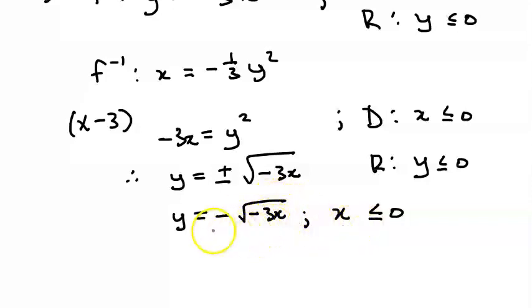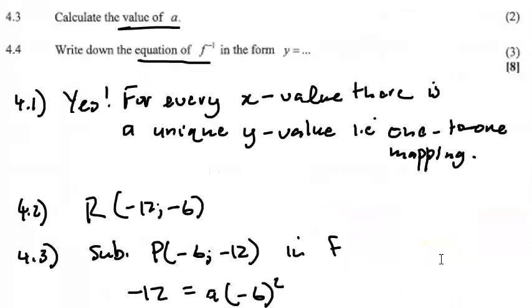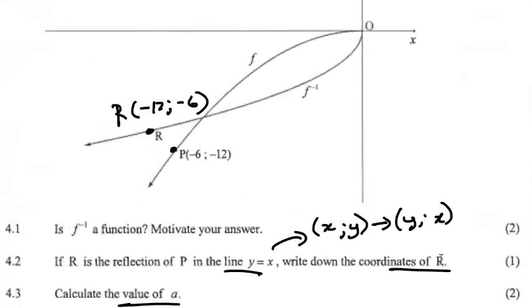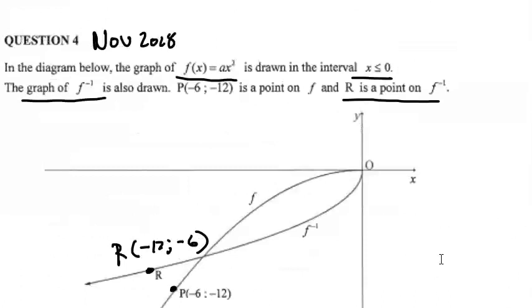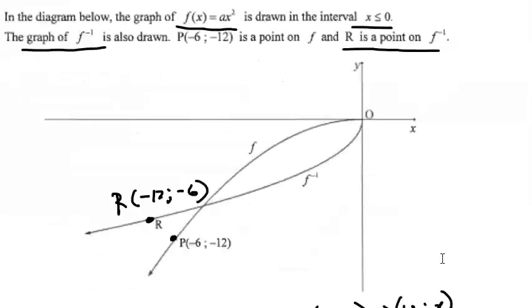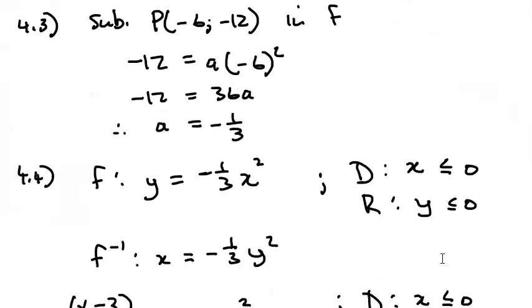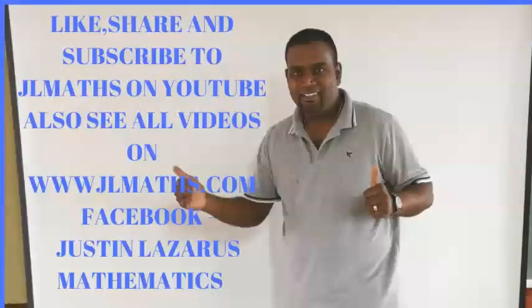So it's important for us to write y equals minus the square root of negative 3x, and x is less than or equal to 0. So make sure that you adhere to the restrictions when you are doing your solution. So learners, once again, remember, for a function and its inverse, we're just swapping the x and the y values around, and we're writing our equation in terms of y.